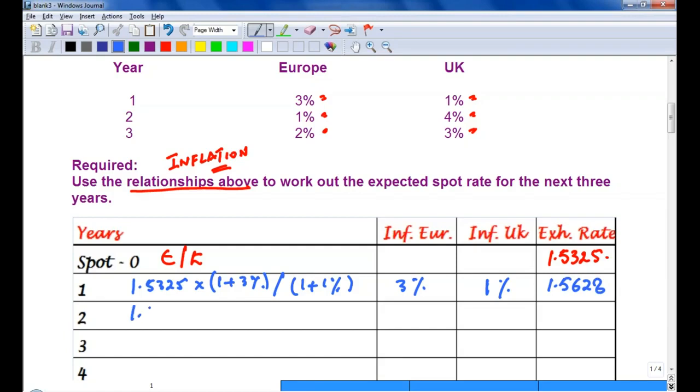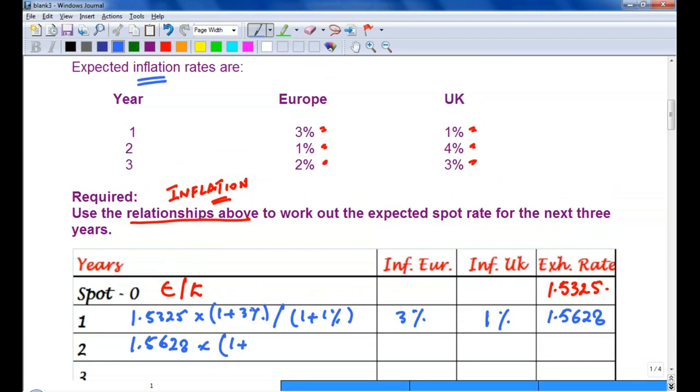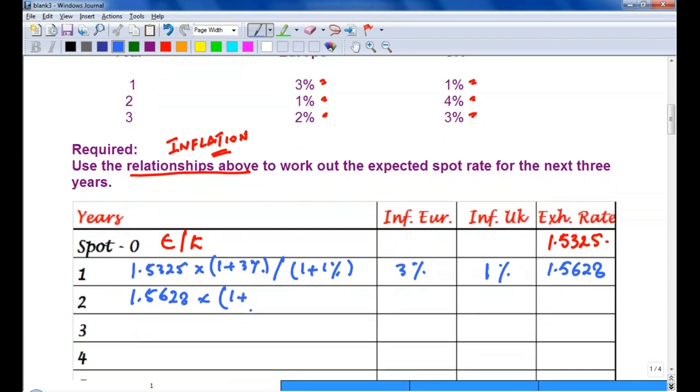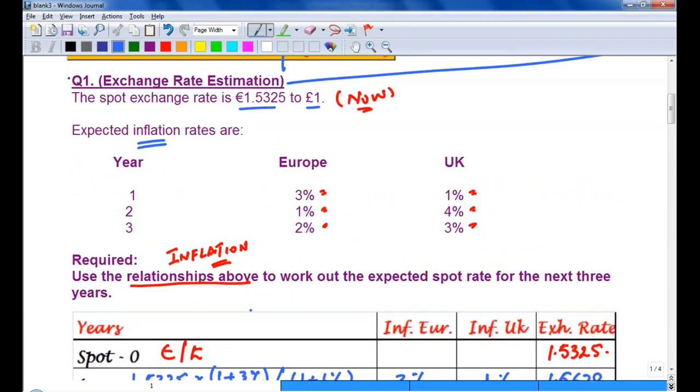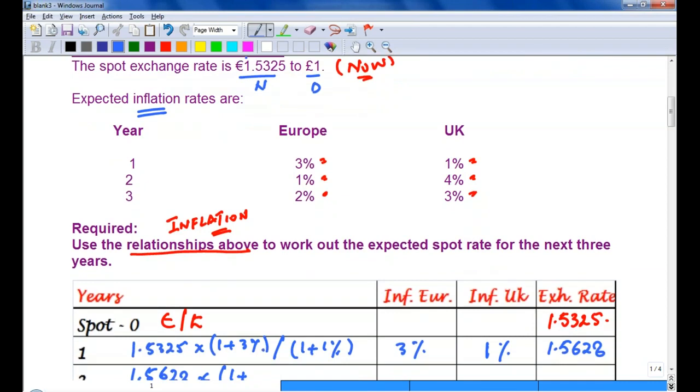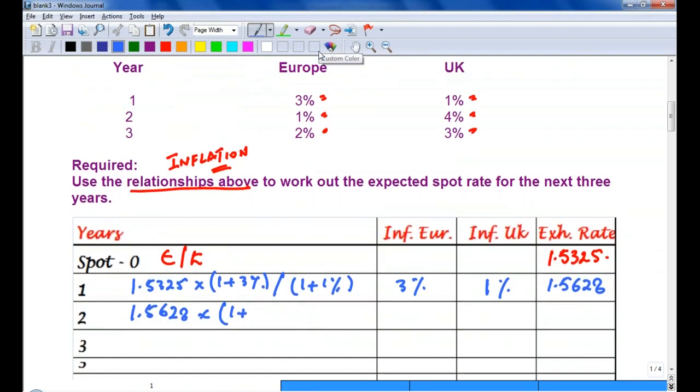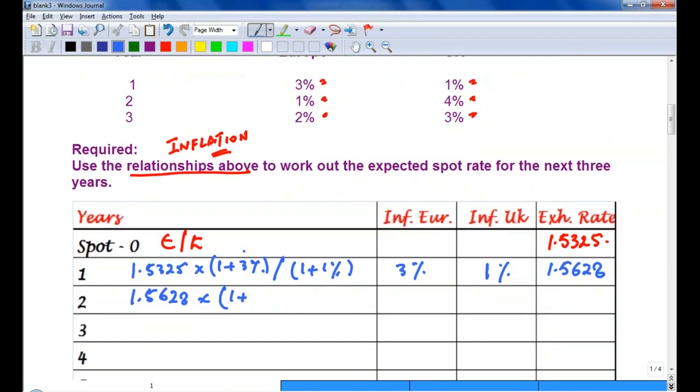Then 1.5628 multiplied by the next year. How do we determine what is numerator and what is denominator? It depends how the data is given. Euro numerator, sterling denominator. So euro inflation over sterling inflation.